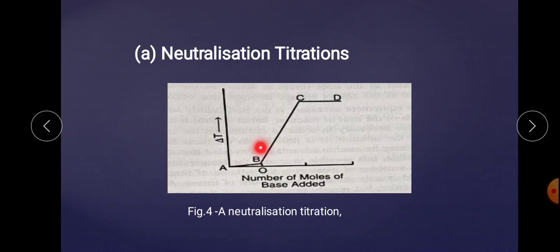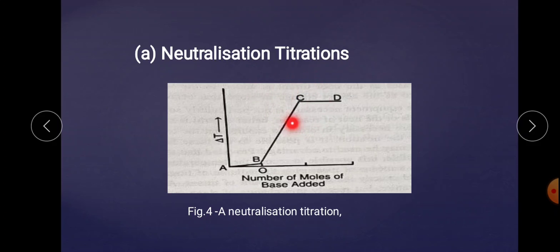From B, the base is added successively, and due to the continuous addition of base to the acid, heat of neutralization is produced, due to which delta T increases with respect to the addition of base. As the quantity of base increases, the delta T value increases.